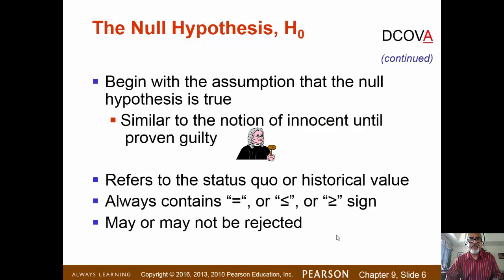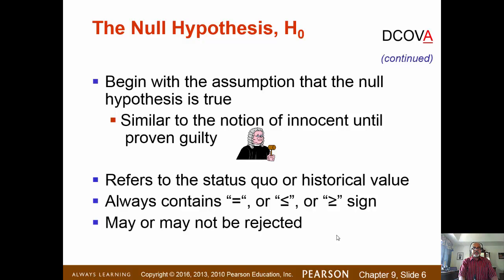And the null hypothesis is about an a priori statement, what you begin with. In legal terminology, it would be like an accused person is assumed innocent until proven guilty.